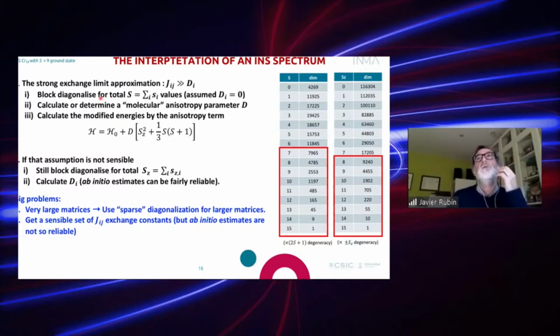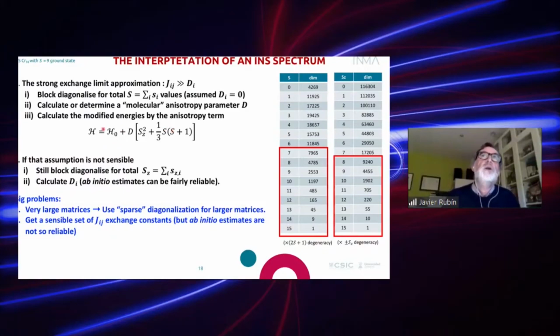In this case, we block diagonalize for total spin S, assuming that we have no anisotropy, and then we get the anisotropy of the full ring by calculation or experimental determination, and from that we can calculate the modification of the energy.